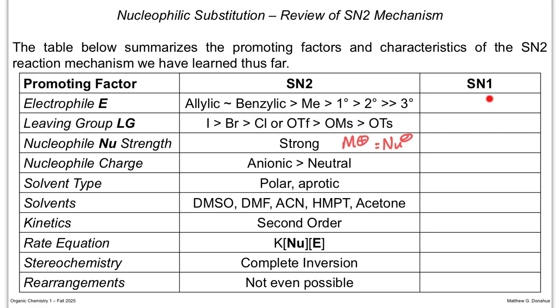The SN1 mechanism is a little different. So it just doesn't go through one transition state, but many transition states. And from that, you can have these rearrangements occur.